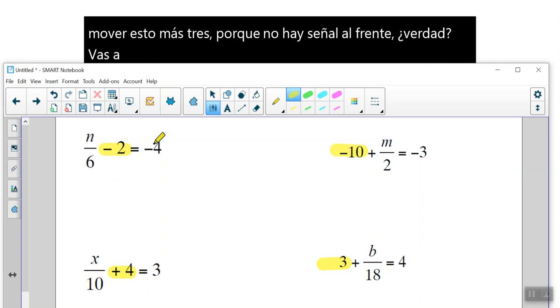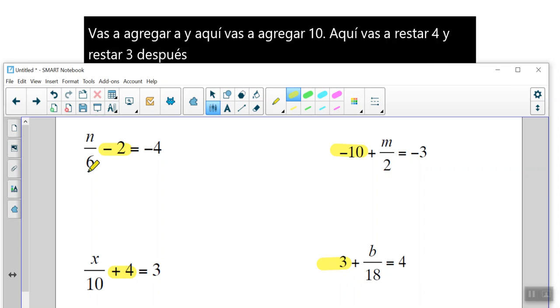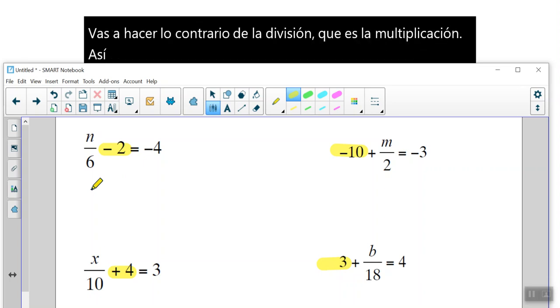So here, you're going to add 2. And here, you're going to add 10. Here, you're going to subtract 4 and subtract 3. After you do that, you're going to do the opposite of the division, which is multiplication. So we had 2 different types of problems in the last 2 classes, right?